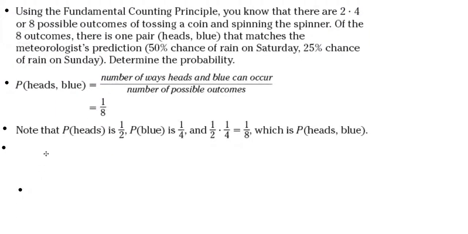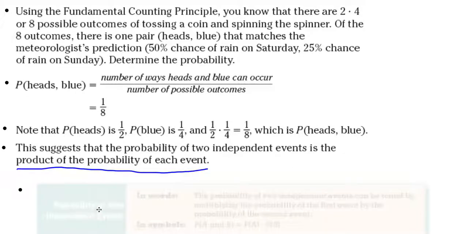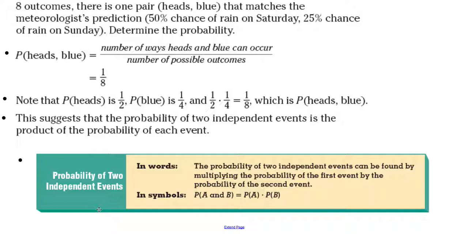This points us to the fact that the probability of 2 independent events is the product of the probability of each event. Which brings us to a general rule: the probability of 2 independent events can be found by multiplying the probability of the first event by the probability of the second event.